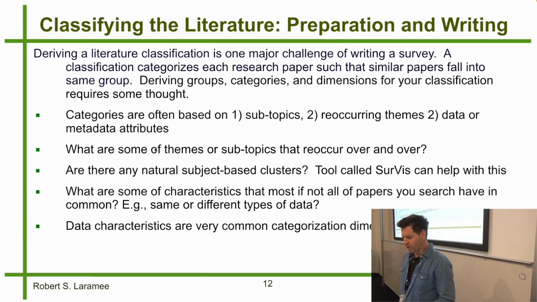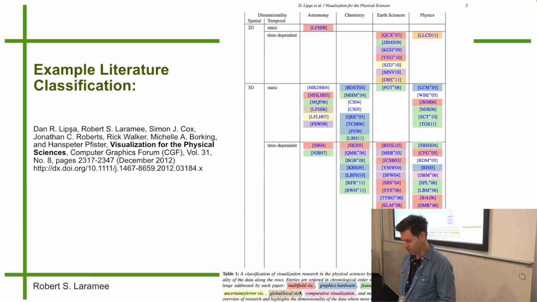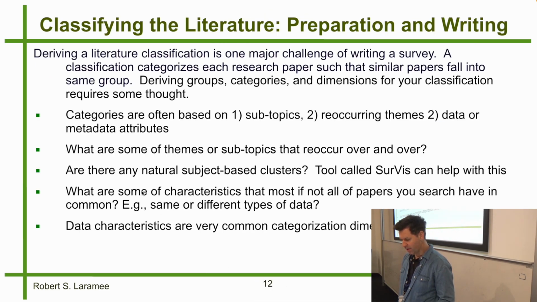You might want to look at themes or subtopics that reoccur over and over again. That's what this list was. These are themes that keep reoccurring, so that's why we use those. Are there any natural subject-based clusters? A tool called surveys can help with this. In coursework 3, you'll be asked to use a tool called surveys.